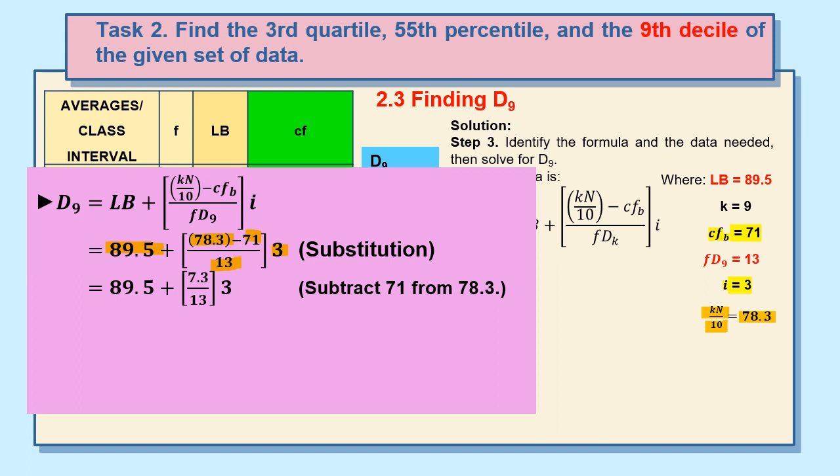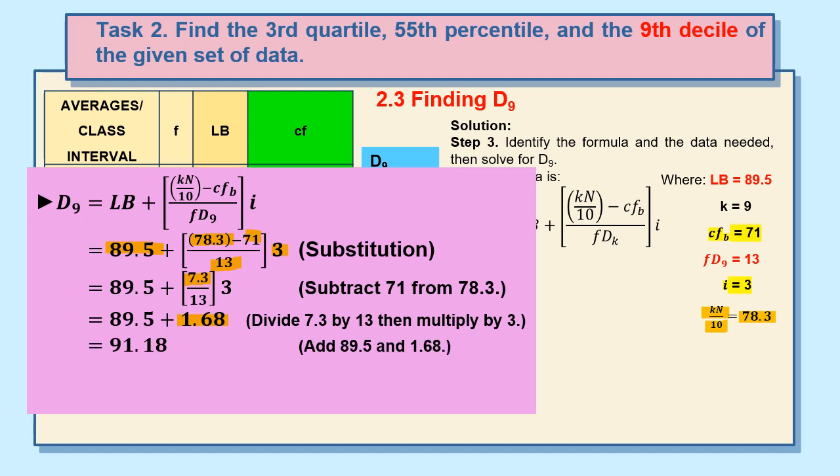So we have 89.5 plus 7.3 over 13 times 3. Then we divide 7.3 by 13, then multiply by 3. We have here 1.68. Now we add 89.5 and 1.68, and we have 91.18. Therefore, our 9th decile is 91.18.